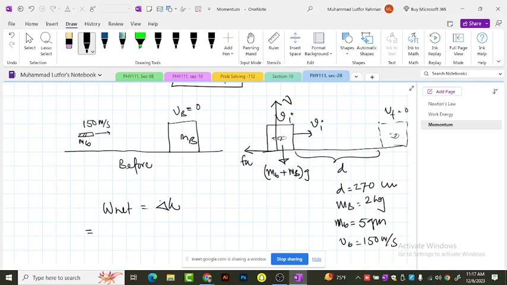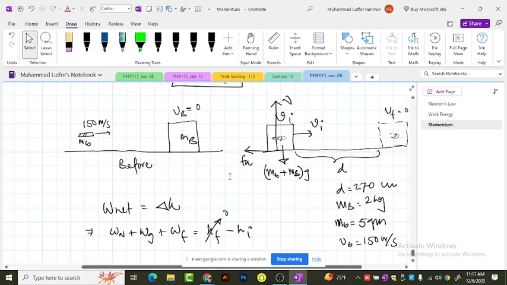Now for net work done, there are three forces over here: work done by the normal force plus work done by the gravitational force plus work done by the frictional force must be equal to kinetic energy final minus kinetic energy initial. Kinetic energy final of the system is going to be 0, right?